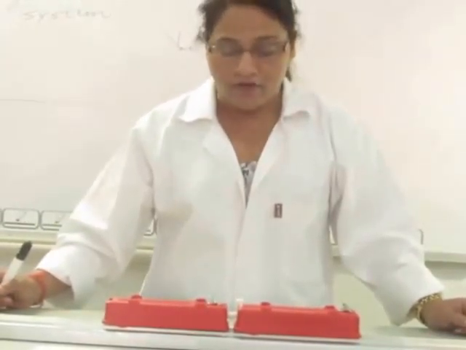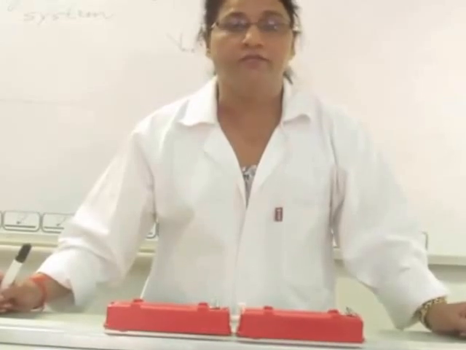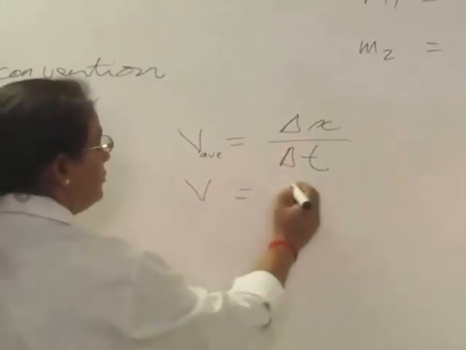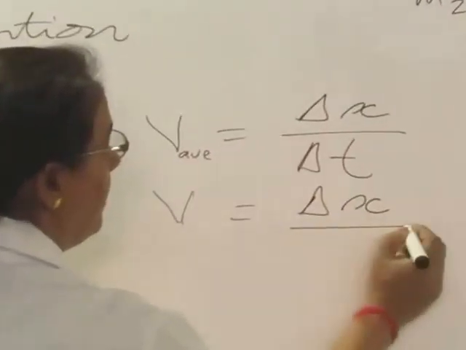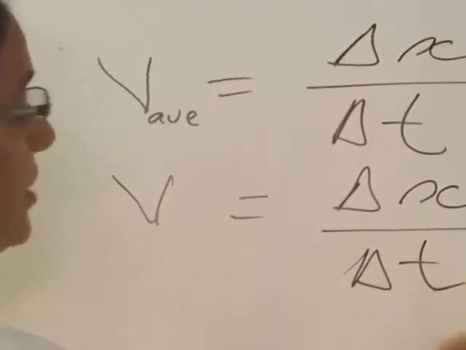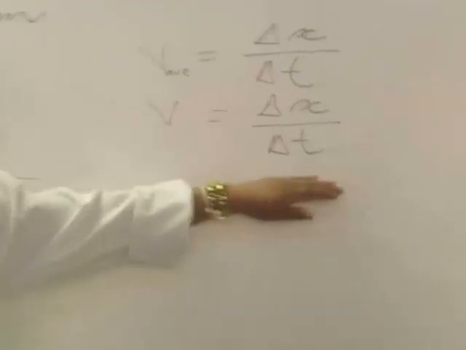So the velocity of the trolleys after the explosion remains a constant. So our average velocity becomes our actual velocity of the 2 trolleys, and that will be the change in position divided by the duration of motion.